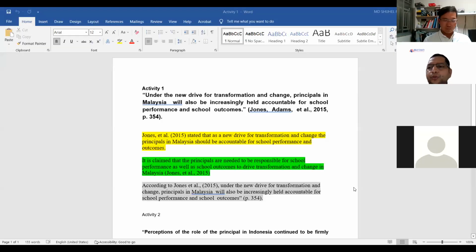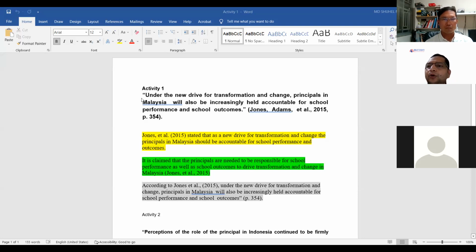So one of the ways to do your paraphrasing, when you read different journals or articles, look into this, activity number one. Under the new drive of transformation and change, principals in Malaysia will also be increasingly held accountable for school performance and school outcomes. Who wrote this? John Adams in 2015. Now, what does et al. mean?